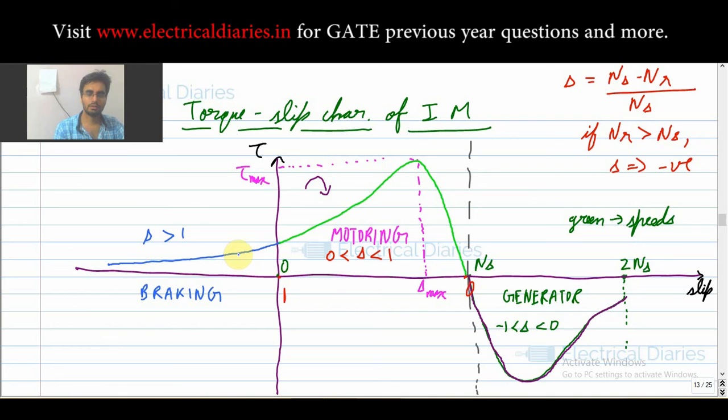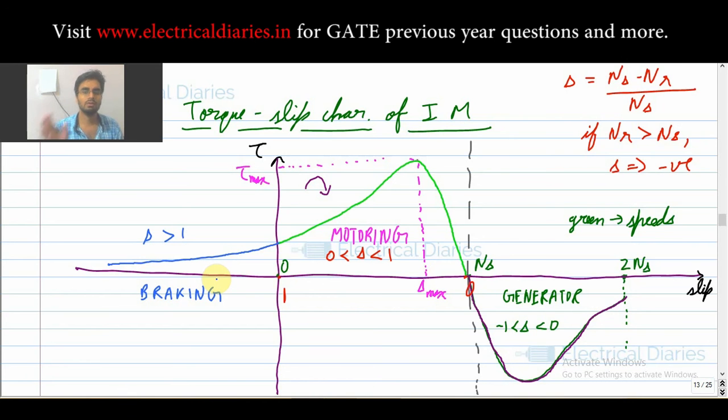In an induction machine, remember that when the slip is between 0 and 1, the induction machine acts as a motor. When the slip is between -1 and 0, it acts like a generator, and when the slip is greater than 1, it is braking. Here the torque also reduces, that is, the starting torque the machine has also goes to 0. That is the braking of the induction motor.